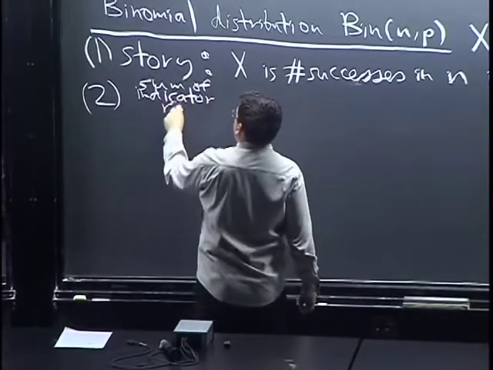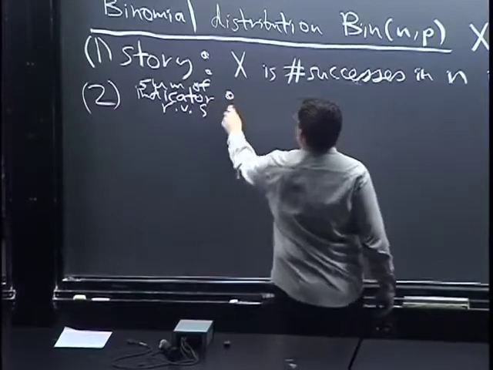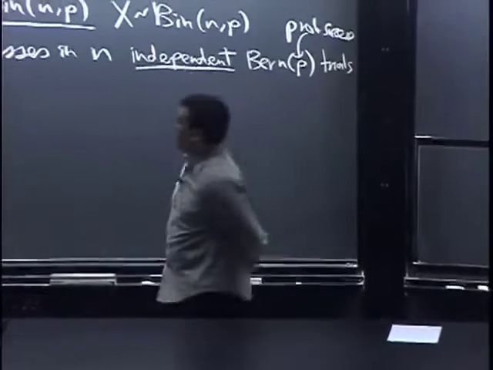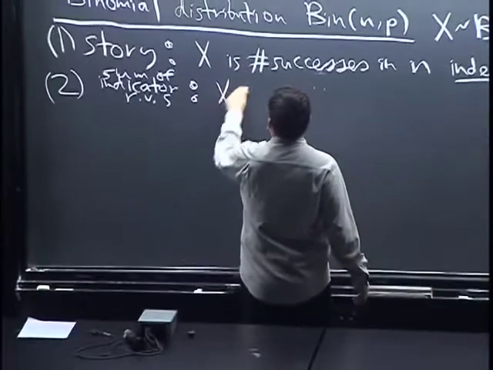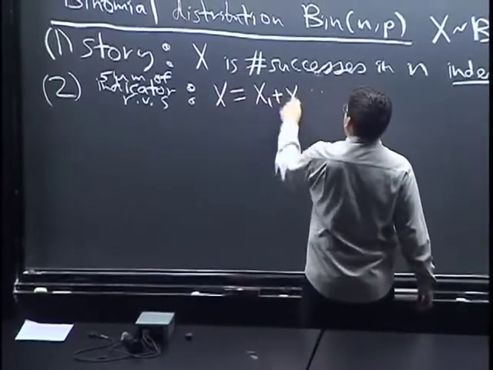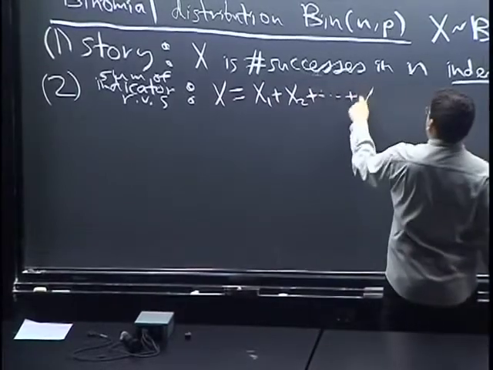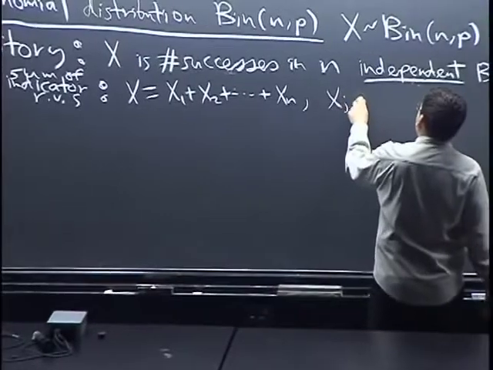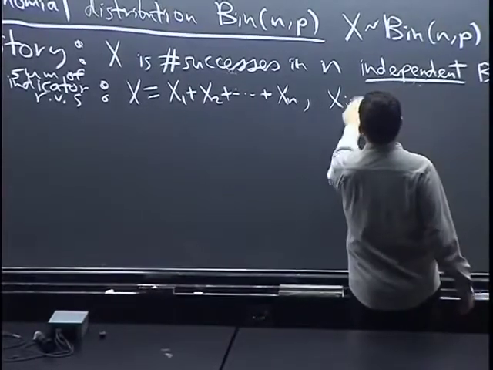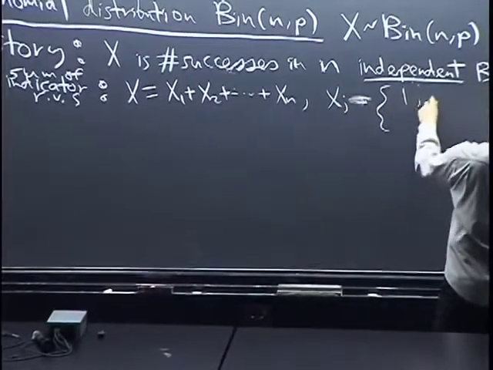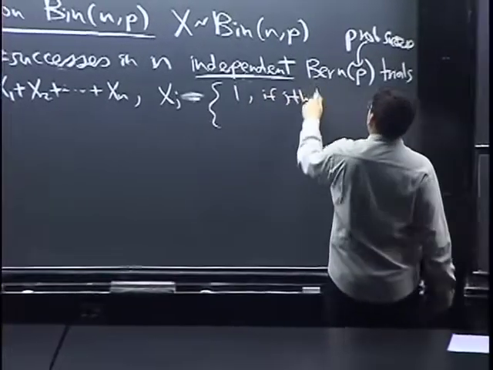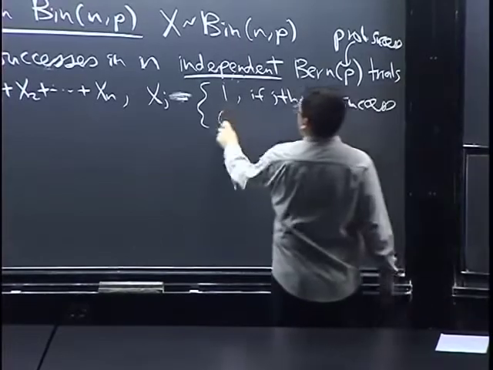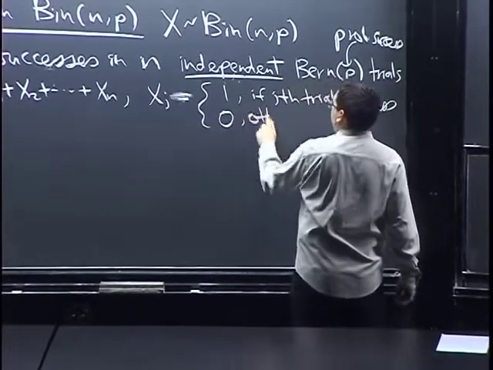This I didn't write out last time, but it's actually just immediate from the story, which is that we can think of X as X1 plus X2 plus and so on up to Xn, where Xj is 1 if the jth trial is a success, 0 otherwise. That's called an indicator random variable, and we'll be using them a lot.